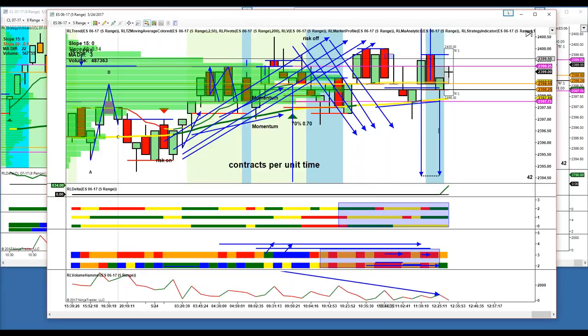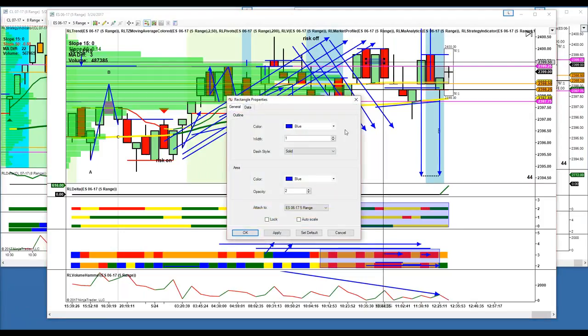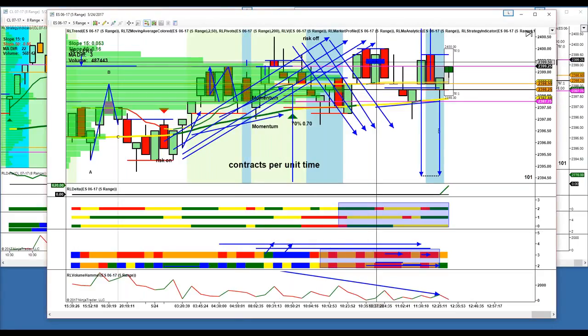But let's say that you had a tick value here. Well, I'll make it green. I can't do it any better than this. And this is a strong overabundance of buyers.